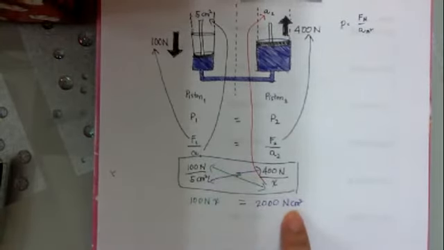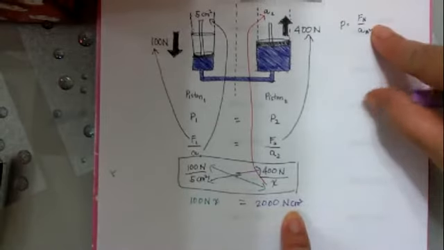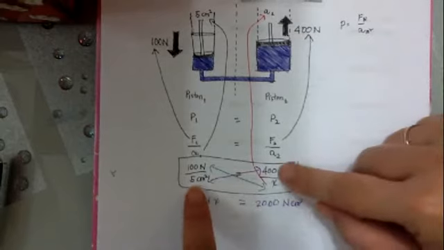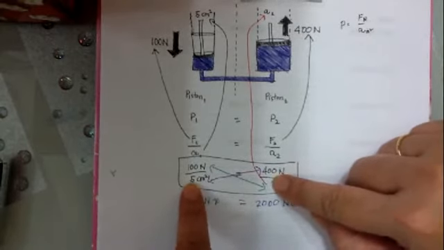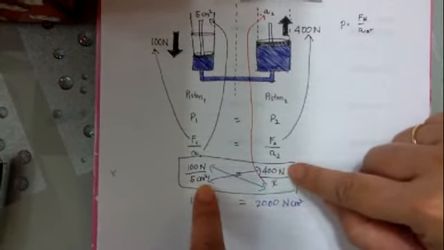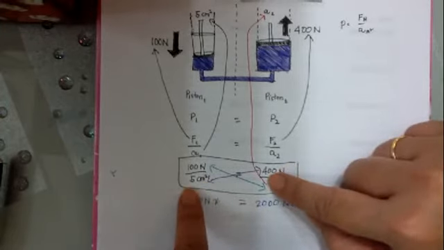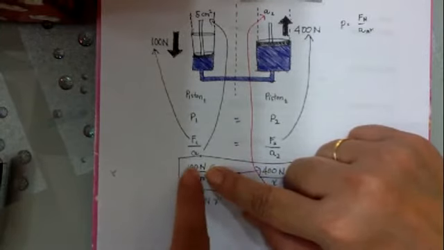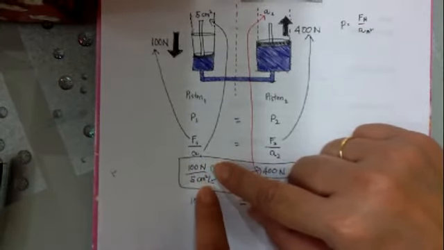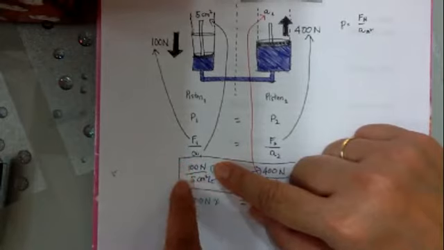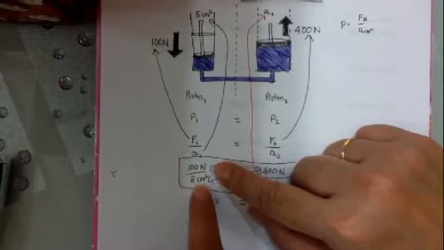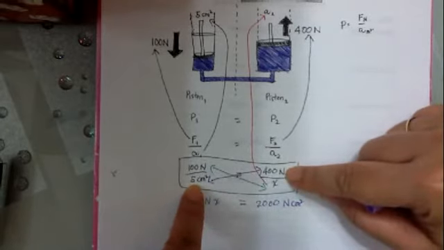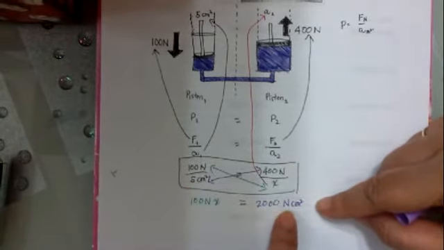Why isn't it newton over centimeter squared like this one? Because you multiplied it. Remember this: if you multiply the number, you also multiply the unit. If I divide, I need to divide the units as well. That's why if I divide this, the answer would be 20 newtons over centimeter squared. But this one I'm multiplying, so it's 2,000 newtons centimeter squared.